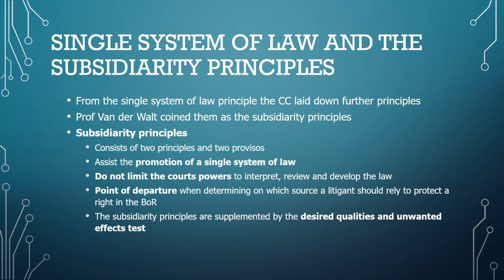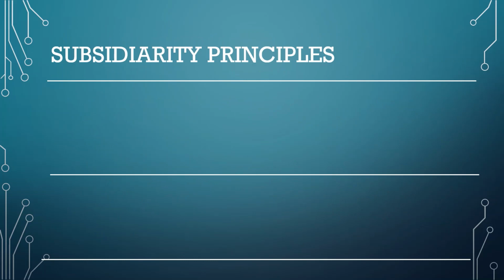This test will be unpacked a bit later in this presentation. Now, in this slide, we are going to unpack each subsidiarity principle. And as we've indicated, the subsidiarity principles are really the starting point for when one must determine which source of law should be relied on, where there are multiple sources with their own remedies to choose from.